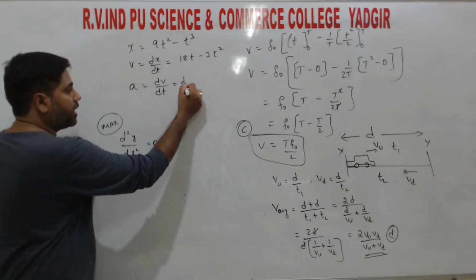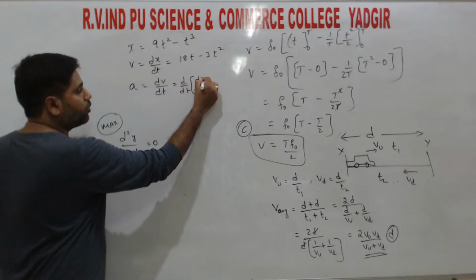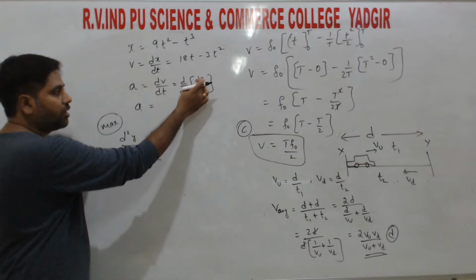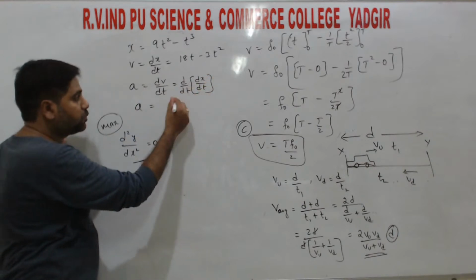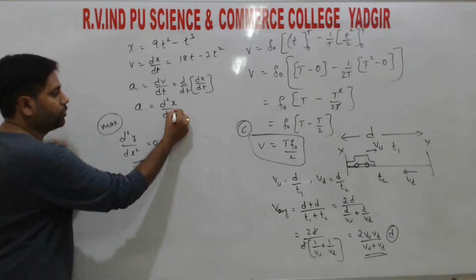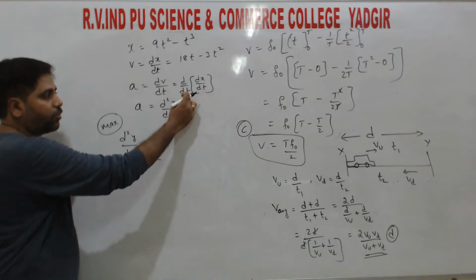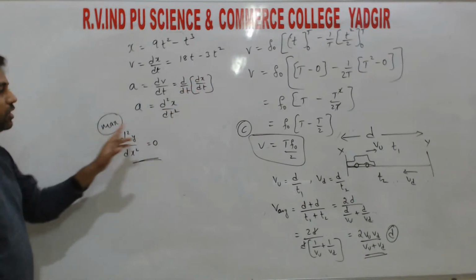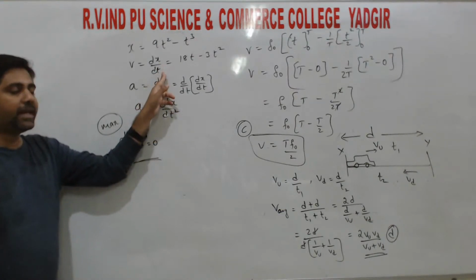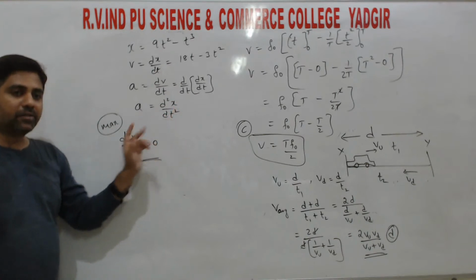So this we can write d by dt of velocity, we can write dx by dt, right? So acceleration we can write in terms of displacement, that is d square x by dt square. So d into dx by dt is d square x by dt square, right? So this we call double differentiation, right? So once we differentiate, we get dx by dt. If we again differentiate, we get d square x by dt square, right?